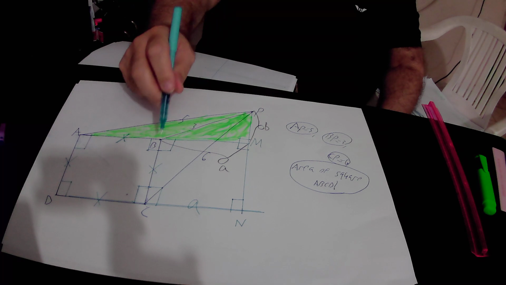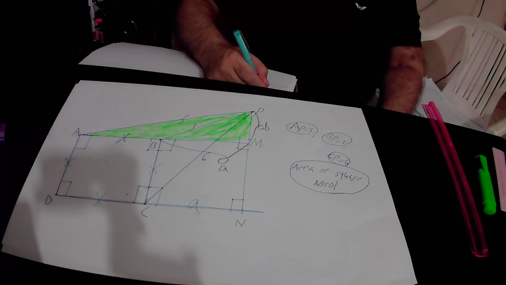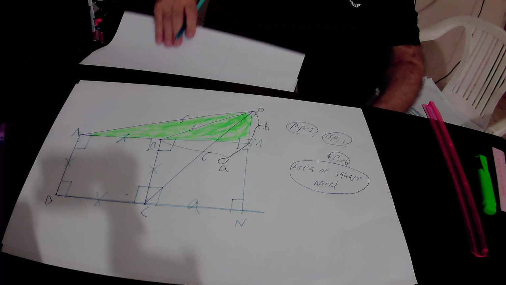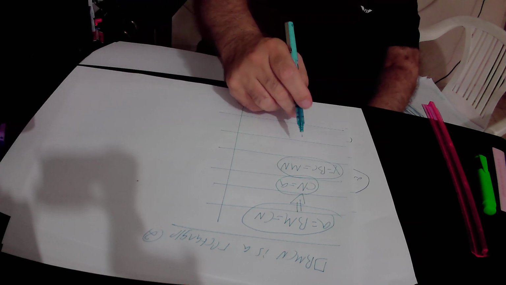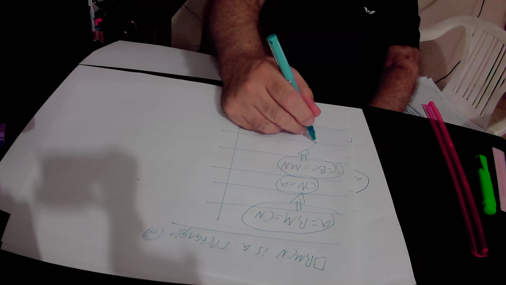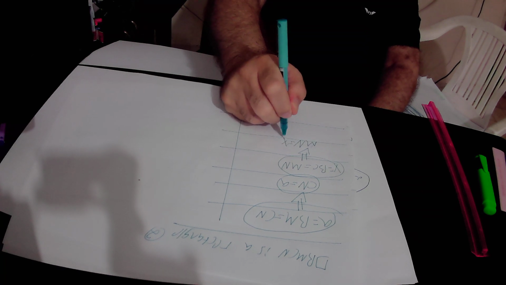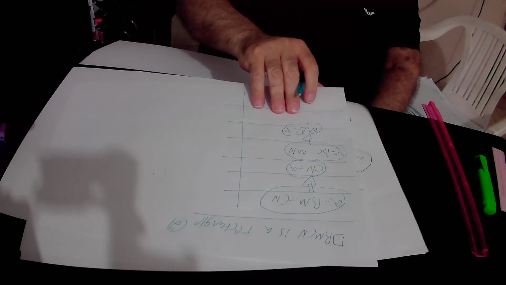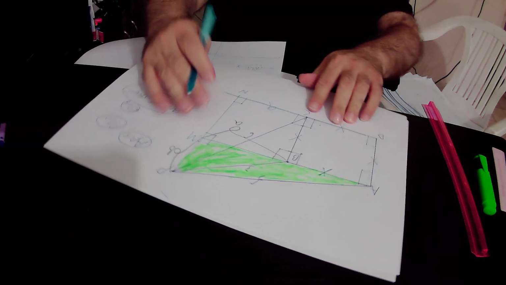But according to our definition, BC equals X, so we can write here that BC equals X. And from this equation, X equals BC equals MN, we derive that MN is also equal to X. MN equals X.